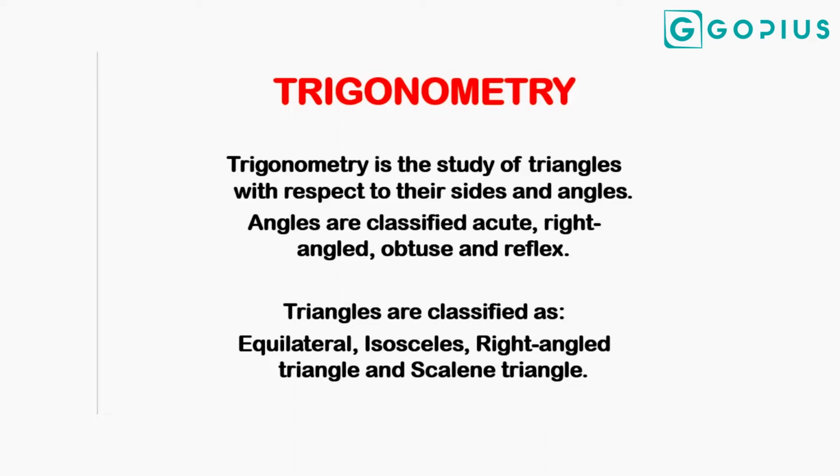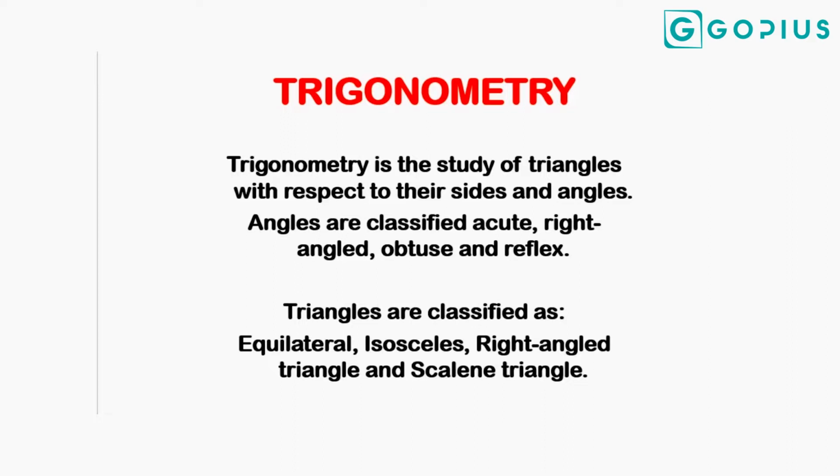Now angles of course are classified as acute, right, obtuse, and reflex. Don't forget, an angle is a meeting point of 2 lines. Any angle that is less than 90 degrees in mathematics is called an acute angle, like 30 degrees, 60 degrees, 45 degrees.